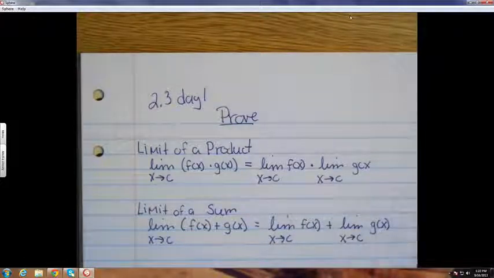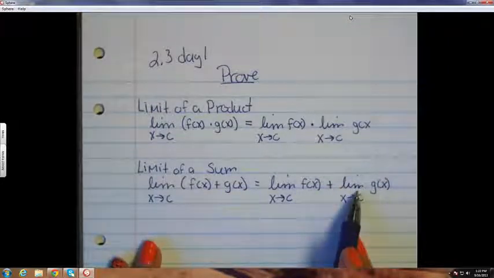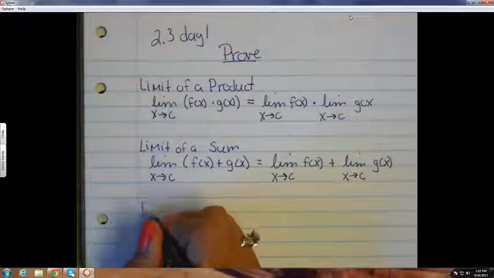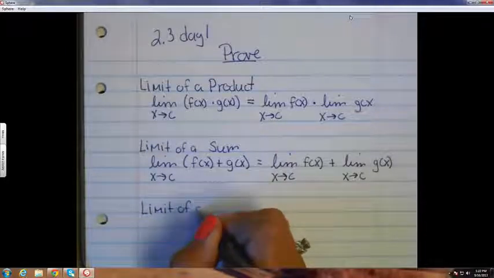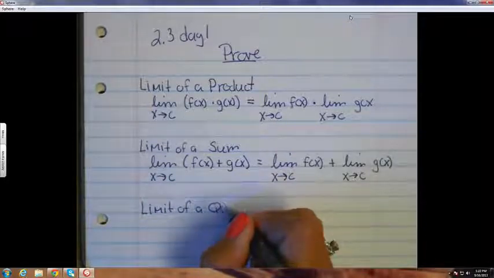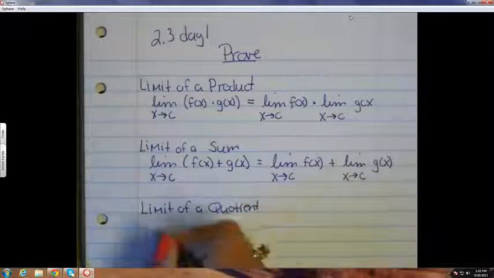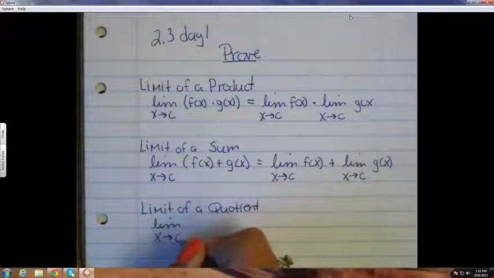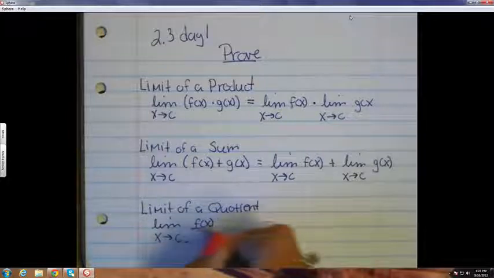So again, limit of a sum breaks up into the sum of the two separate limits. Next one is limit of a quotient. So we've got the limit as x approaches c of f of x divided by g of x.